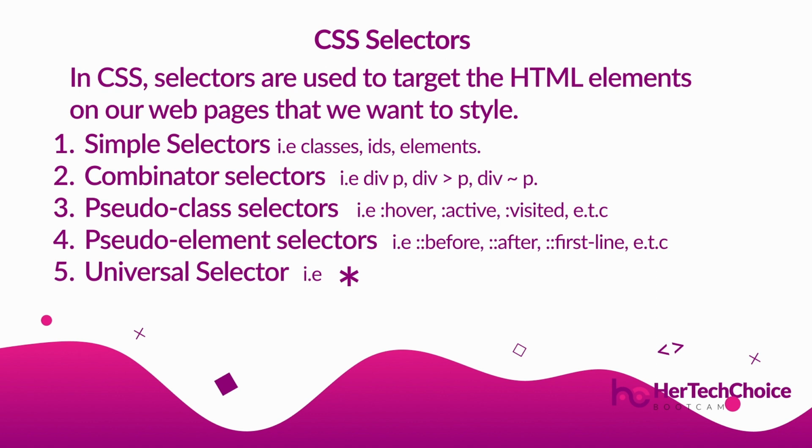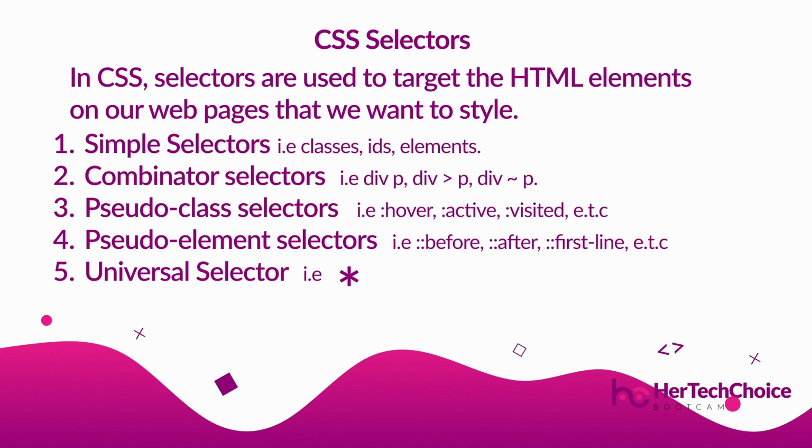For example, you just say dot, the name of the class, then you begin to style. IDs are represented with the hash sign, then the name of the ID, then you style. Elements do not require any symbol, you just declare the name and you style.